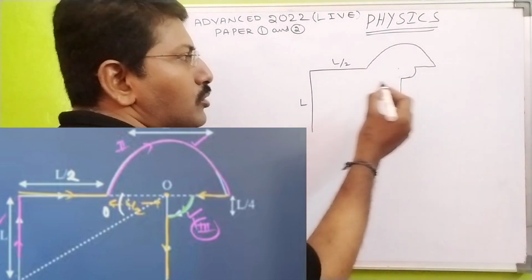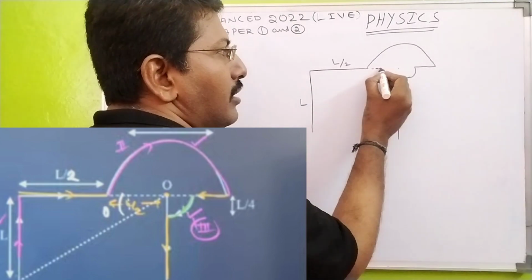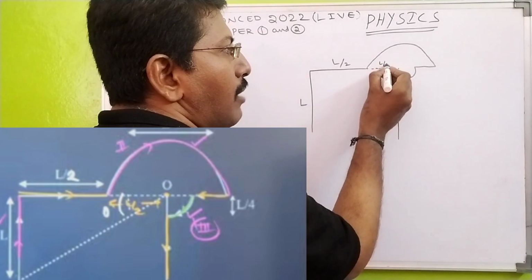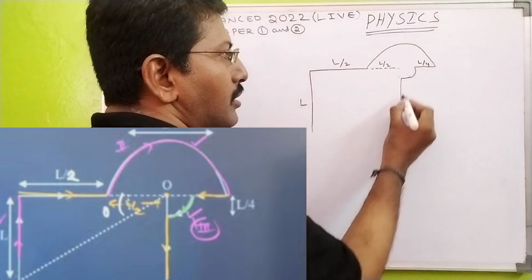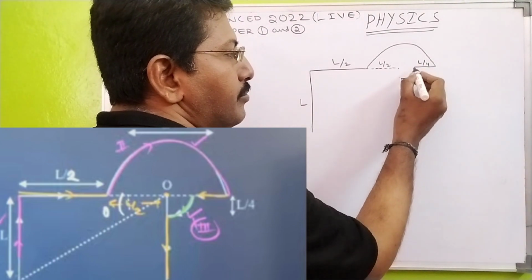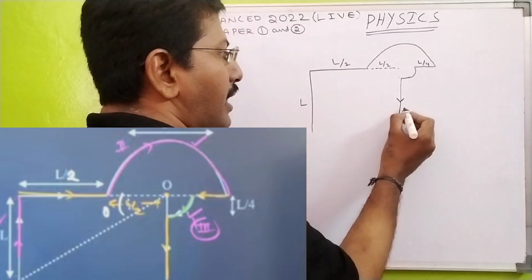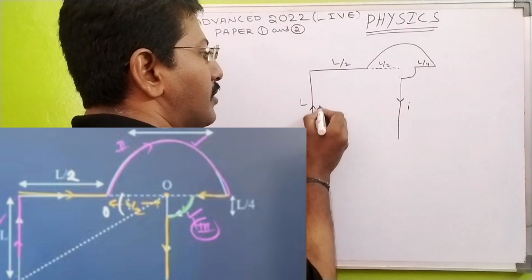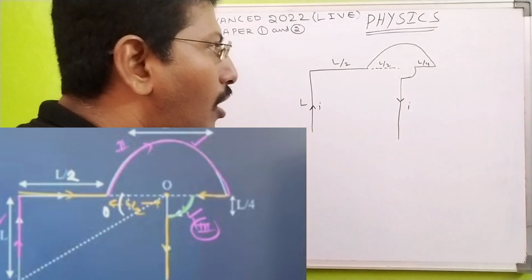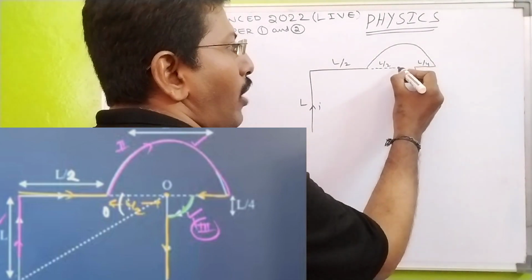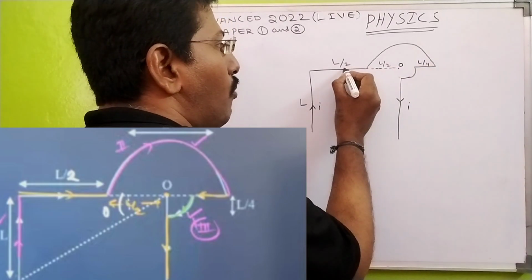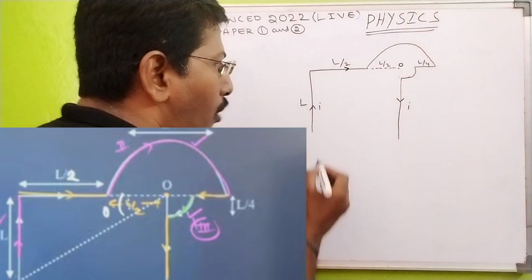Once you observe very carefully, this value is L by 2, this value is L by 4, and this is the current I, the same current I. Now they are asking: what is the electric field at the point O?